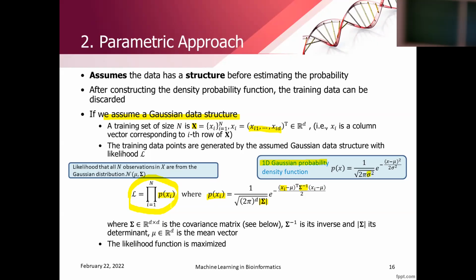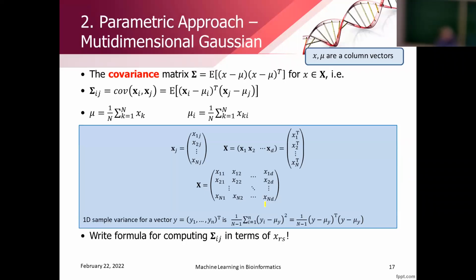Mathematically, we just would like to maximize this big product. The terms of the product are such a formula in which we have mu and the covariance matrix sigma. So we need to find the covariance matrix sigma and mu such that this product is maximized. This is mathematically the formulation.